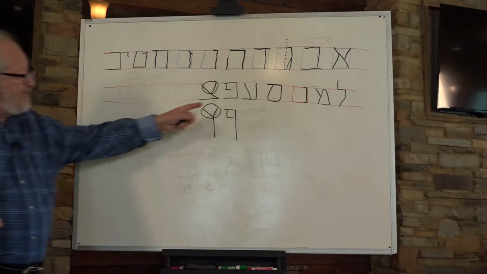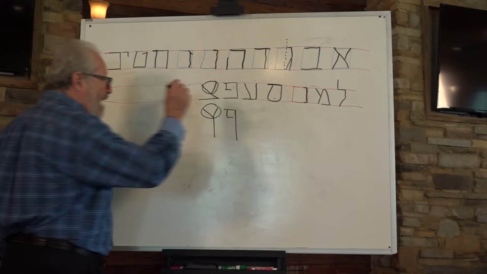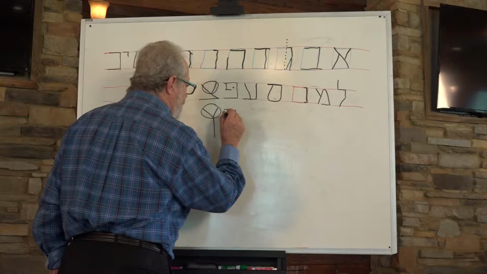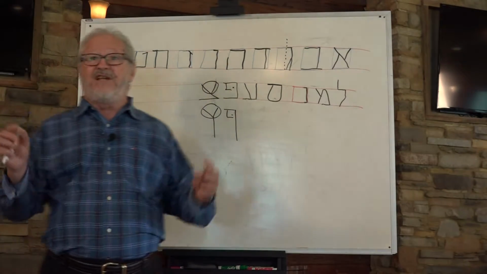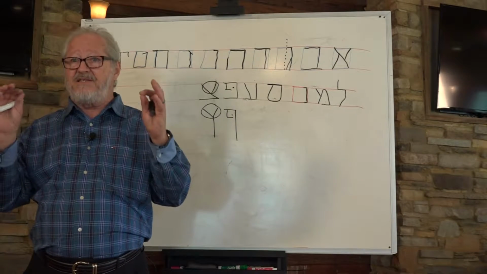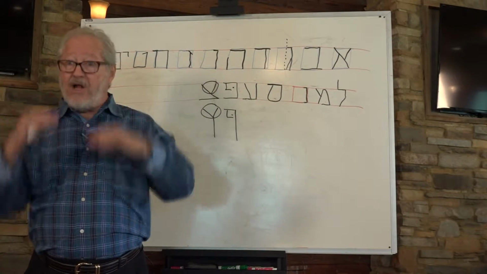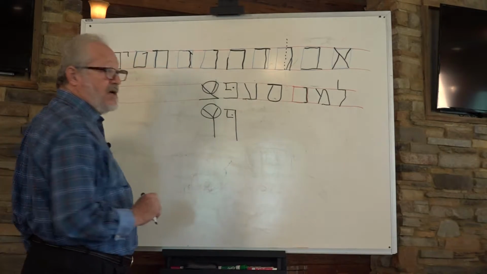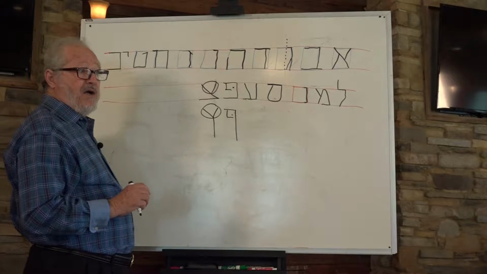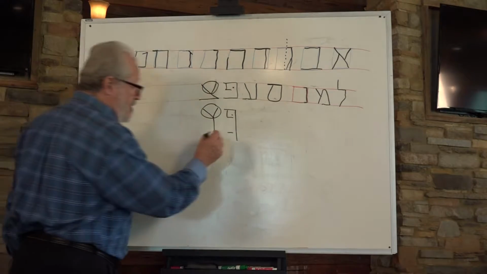So we have a pei sofit, in this case pronounced as a pei. I will put the dot in just so that we know that when you do a final form it gets its dagesh, the dots, the same as any other letter. And if they need vowels below, it's the same as any other letter. So if you want to make here the sound pa, you would give it an ah sound.